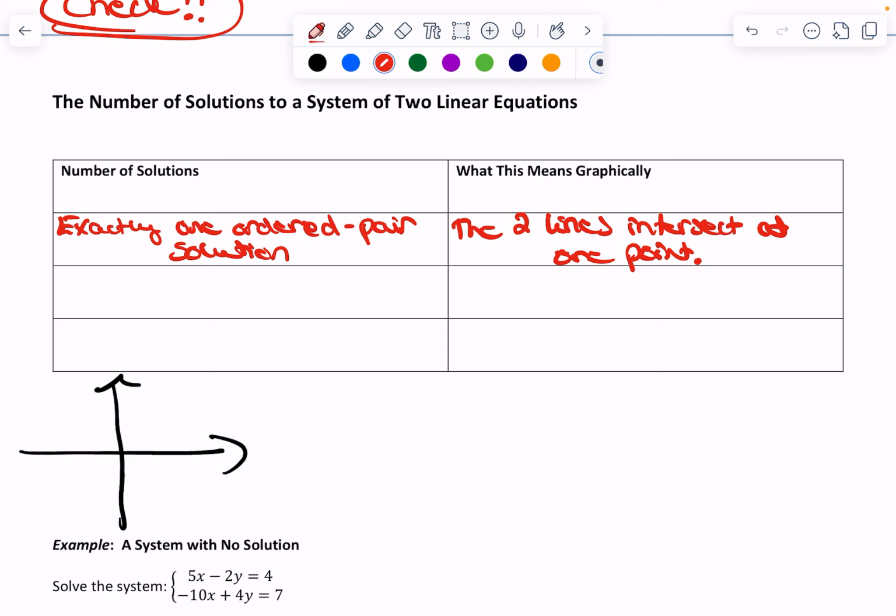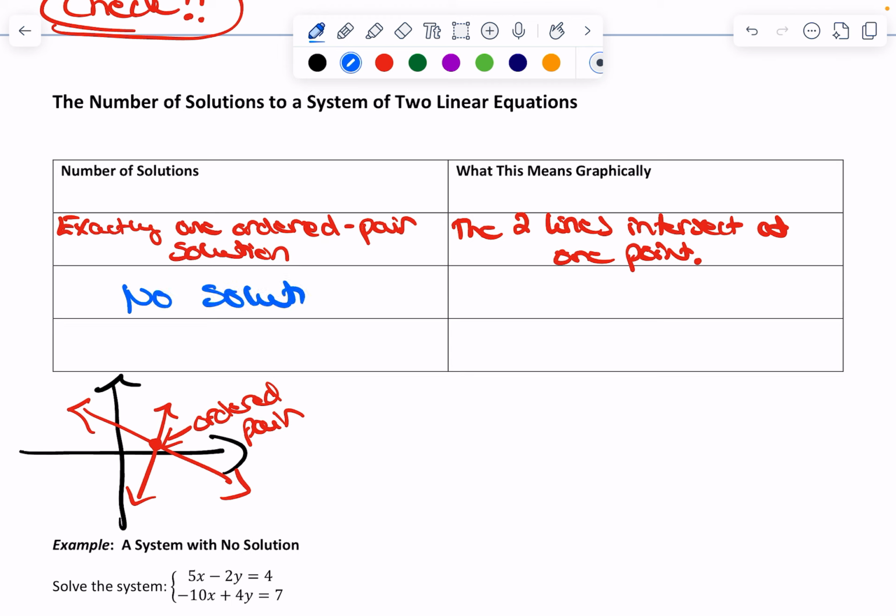It looks something like this. That is our ordered pair right there. Okay, next one. If we have no solution, that means that the two lines are parallel.